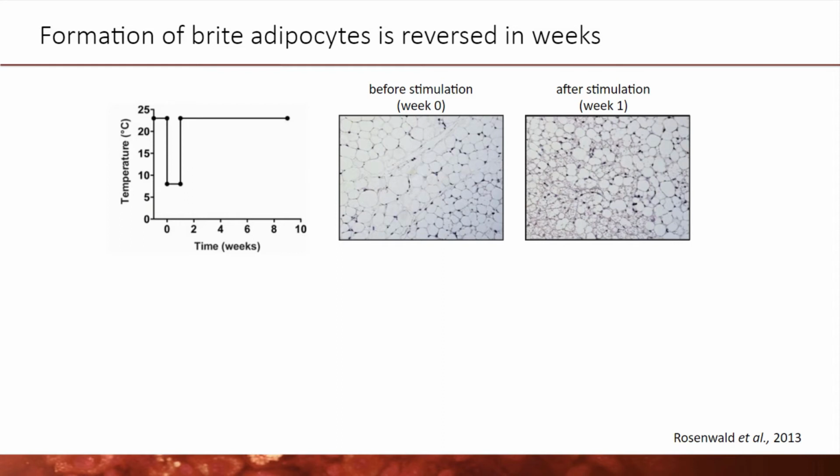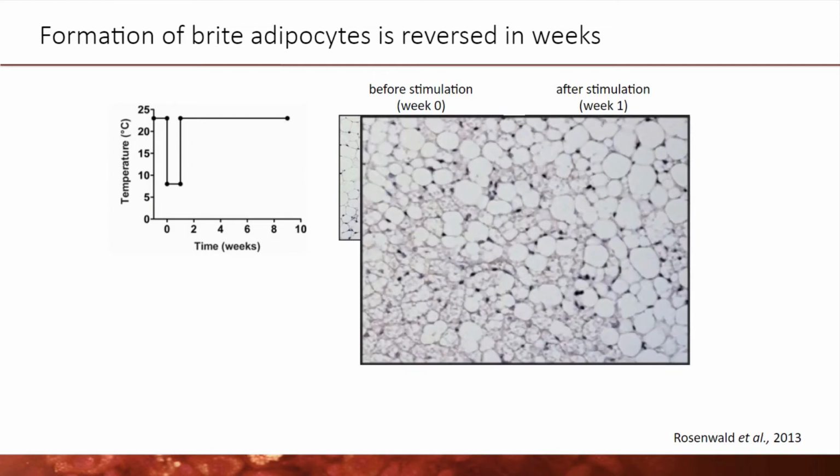If you now stimulate with cold, you see what you also can observe in humans, the appearance of these beige or bright adipocytes, which contain UCP1, and quite importantly, which have this multilocular structure, which you can probably see better if you zoom in or if I would show this on a big screen.